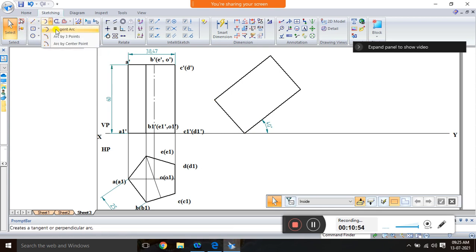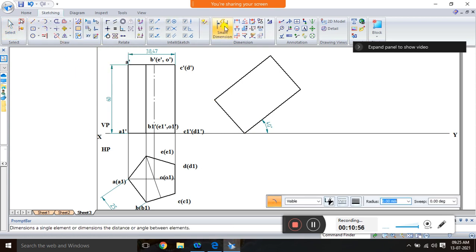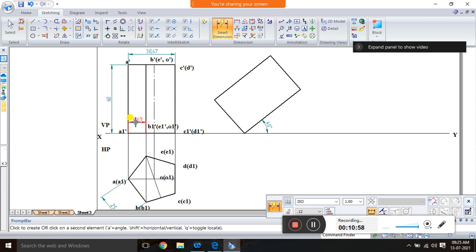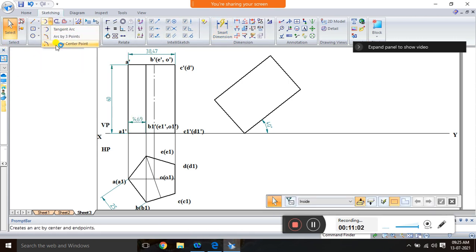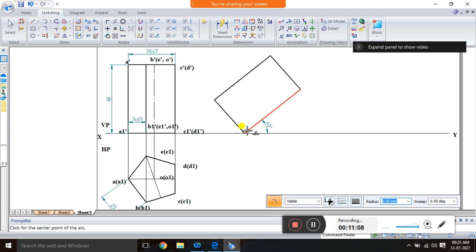And next you have to take the arc. Before that, measure the distance, or else take your compass. Place it on A dash or A1 dash and stretch up to B1 dash, and again place here and cut that arc.